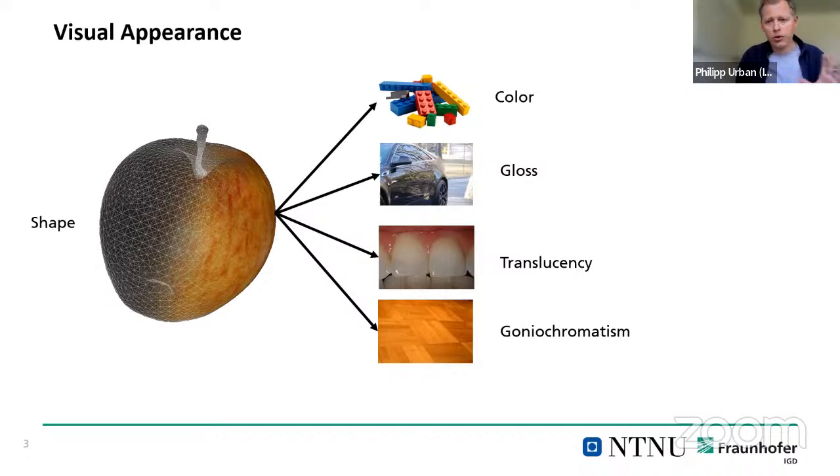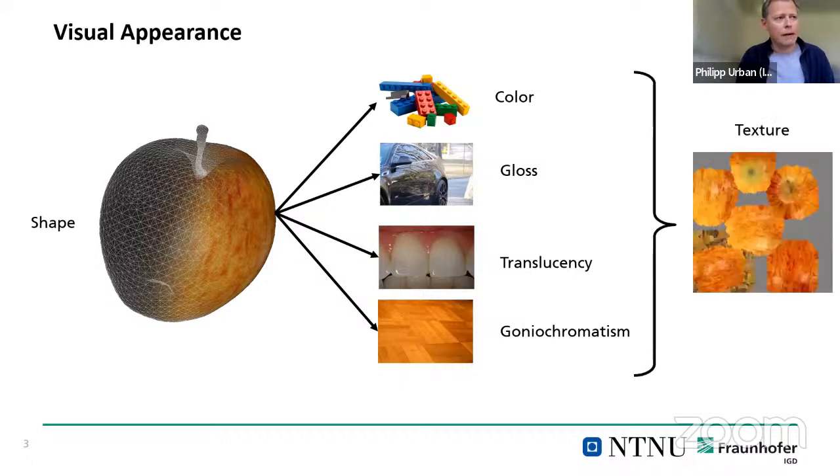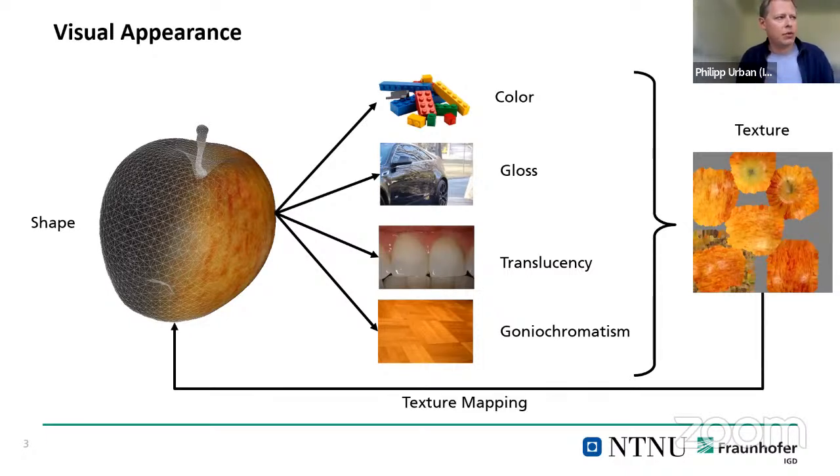Of course, you can also define this by material properties like BRDFs or spectral data, BSSRDFs. And in 3D printing, typically this information is stored in a texture, and the texture is mapped to the shape.